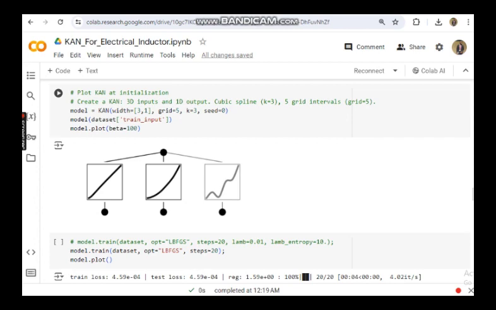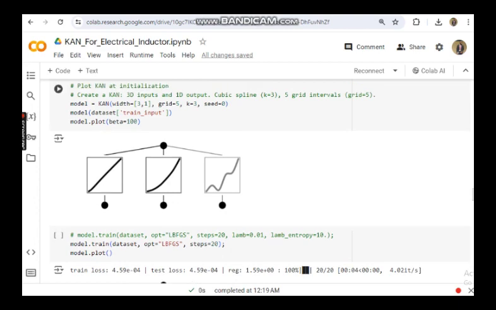Maybe you are experimenting with how an inductor is behaving, and you want to come up with an underlying equation that governs how much energy the inductor is producing. So we choose 3, which is for the three-dimensional inputs. 1 is for the output. K is for the spline and 3 for the grid, how deep the network is going to be.